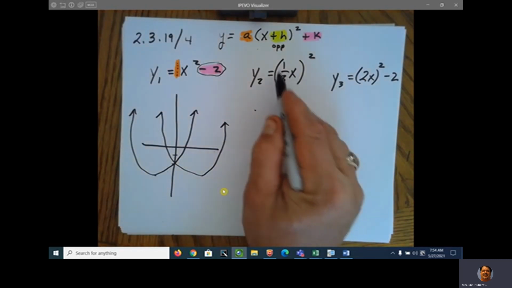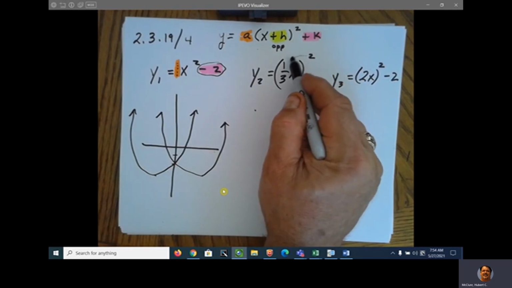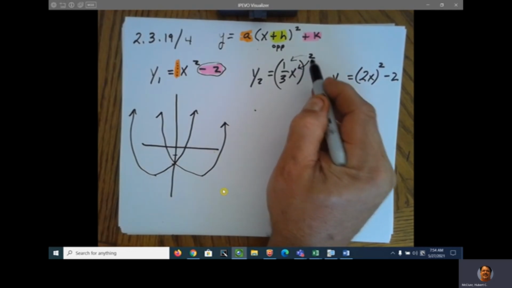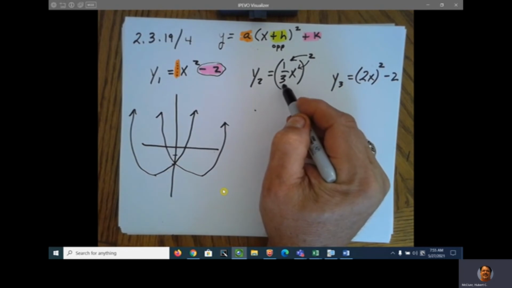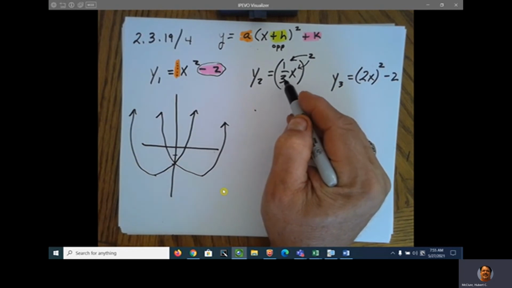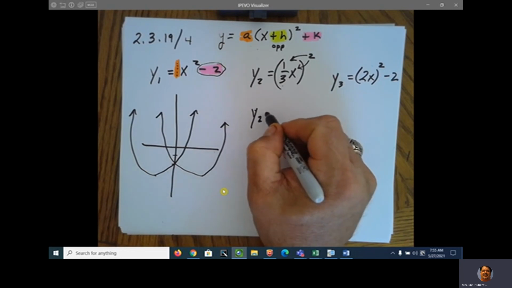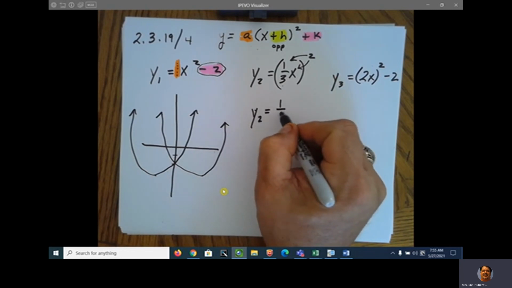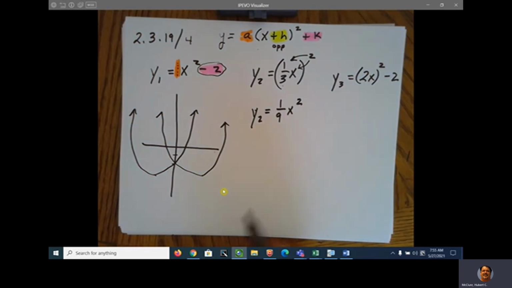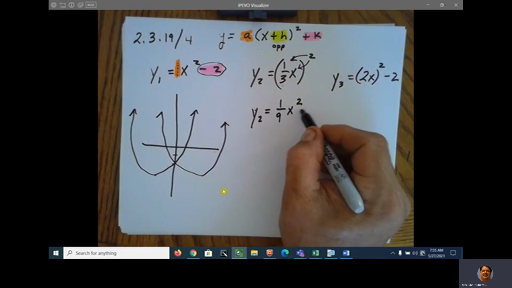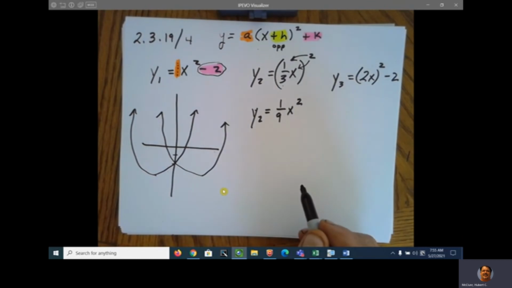This one, you have to distribute using a power rule, and this is where I disagree with the question, because the homework question tells you this 1/3 is your a, and that's incorrect. You have to square it: y sub 2 is equal to 1/9 x to the second. And you don't have anything connected to the x, so it's crossing at the origin.